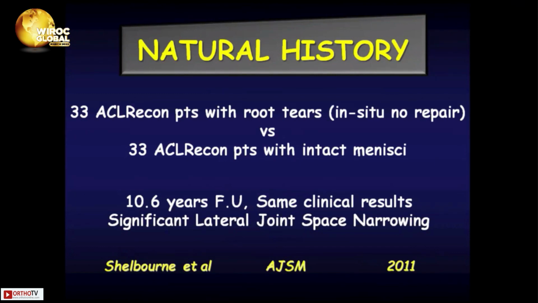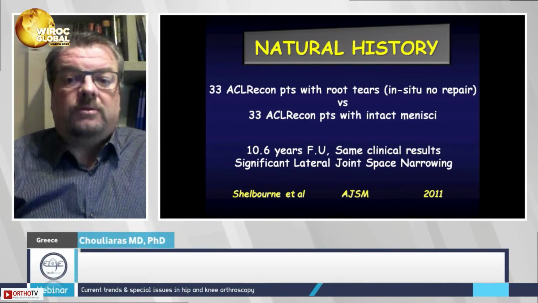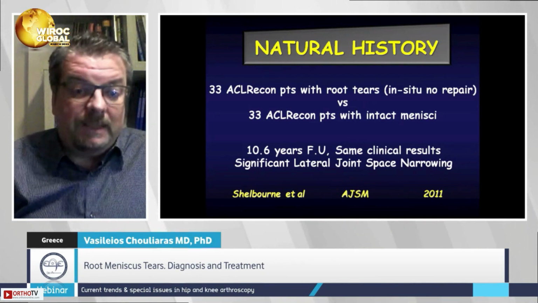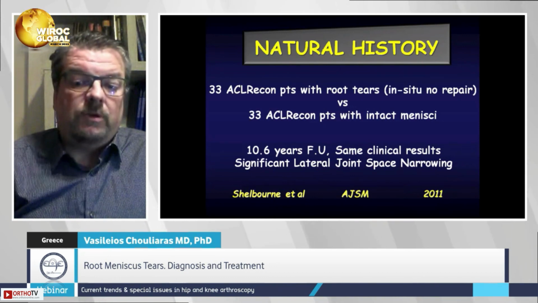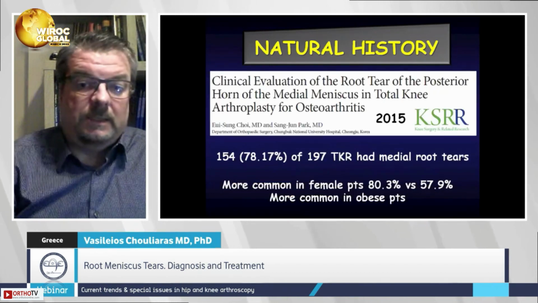There's also this very important study from 10 years ago from Selbourne, because retrospectively they compared 33 patients with ACL reconstruction and root tears and 33 patients with ACL reconstruction without root tears. They found a similar clinical result, but in 10 years a significant lateral joint space narrowing, considering that these patients are young because of the ACL tear.